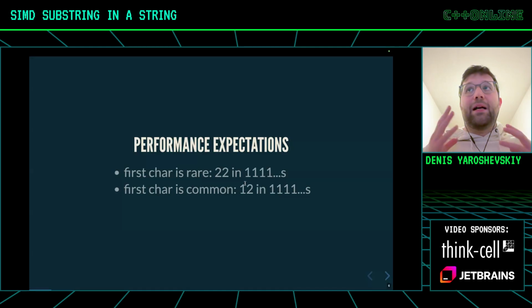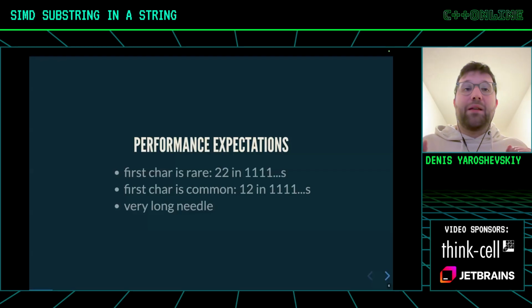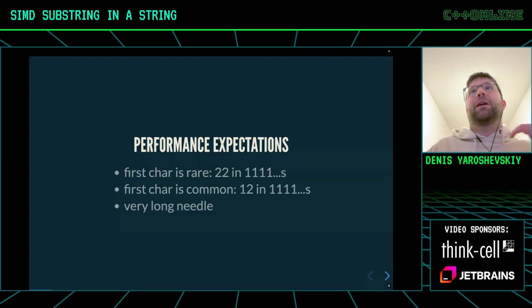Finally, the last consideration, which we're not going to talk about much, is very long needles. Same as memchr, bcmp, like the memcmp function to compare strings, will be super optimal in libc. So it will be better for really long needles if the comparison fails far enough. Basically we don't care, but that's another thing.